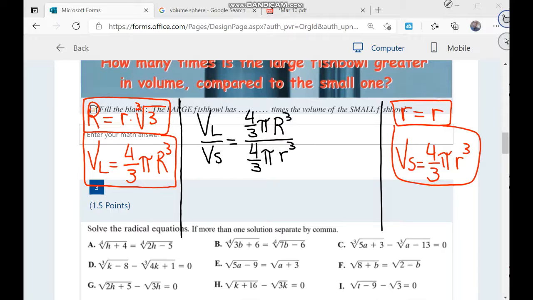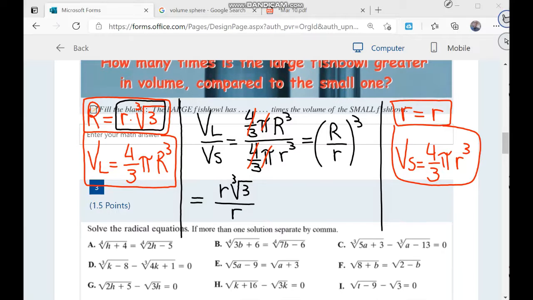And pay attention, we can simplify everything. We're going to have at the end capital R over lowercase r, cubed. See? We simplify the formula, we don't need the formula. And since capital R is r times the cube root of 3, over r, cubed, the r is also simplified.